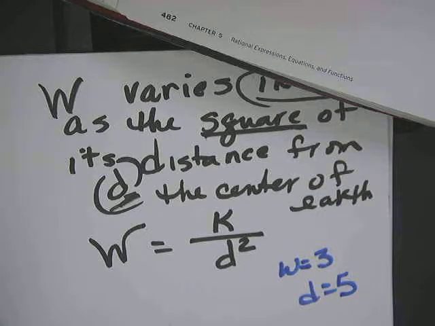The distance from the center of the earth, I wonder if that's, it can't be 5 inches or 5 feet or 5 miles. It doesn't say what the distance is in.